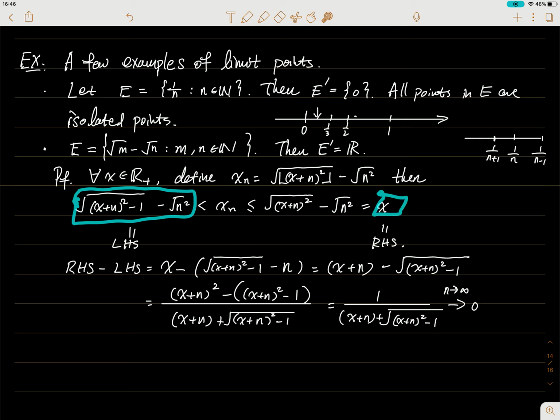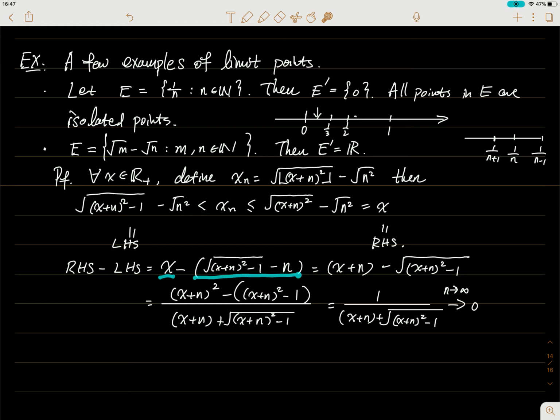I know that the right-hand side is bigger than or equal to the left-hand side, so I take the difference of them, and I know it is greater than or equal to 0. I just need to show that it's tending to 0. So the right-hand side minus the left-hand side: this is my right-hand side, x, and this is my left-hand side.